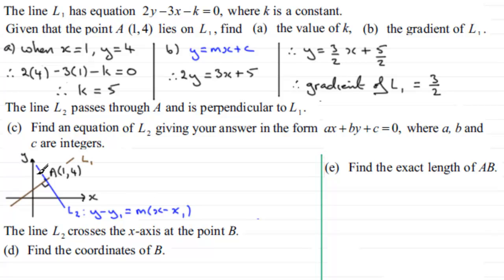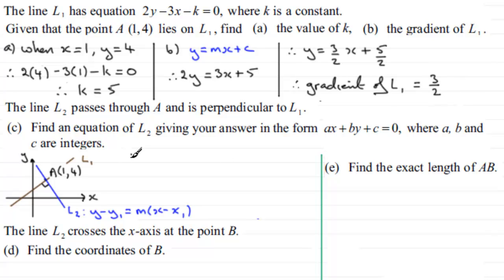And m will be the gradient of the line. Well, we haven't got that gradient at the moment, so I need to get it. I know it's perpendicular to L1, so that gradient of L2 must be minus 2/3, the negative reciprocal of this, because the product of the gradients should always equal minus 1.